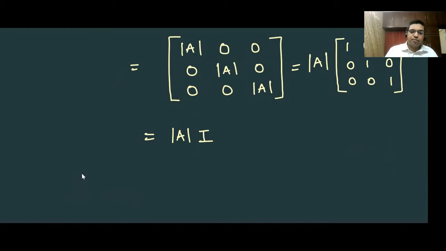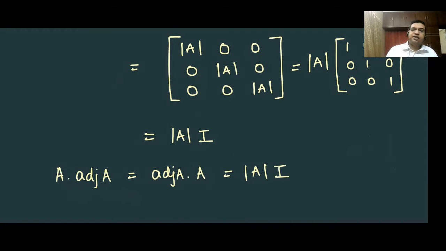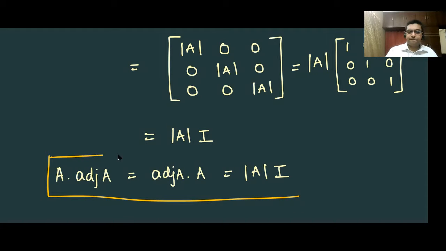This is a very important result. So we can show the other way also. We showed A into adjoint A. We can show also adjoint A times A. Both will yield determinant of A into I. Okay.